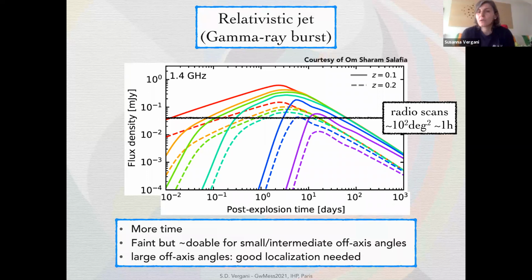This is available today. I mean, this is a limit currently. The data are not available. The survey is running. I don't know if they are really scanning all the sky that they can see or just part of it for the moment. I don't know the cadence, the strategy, let's say.